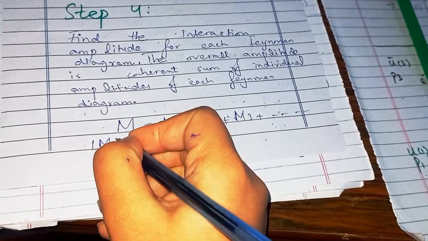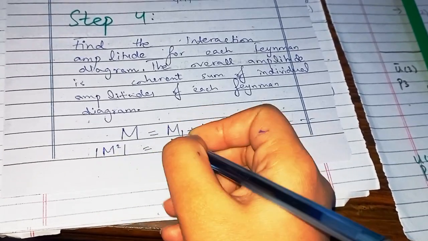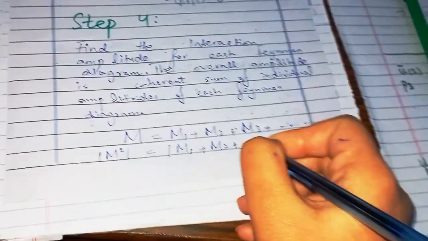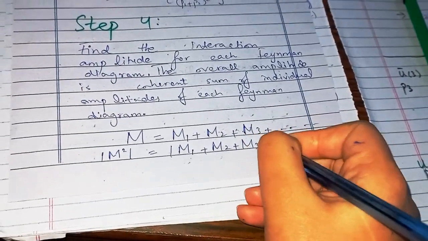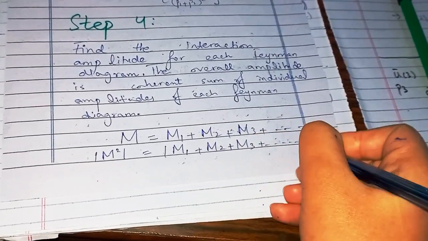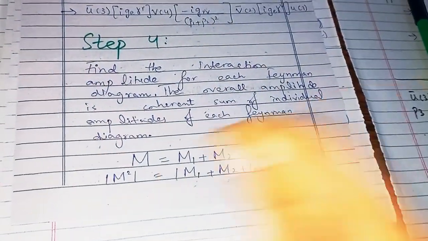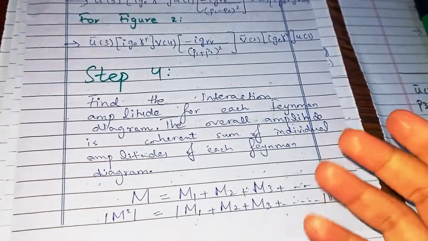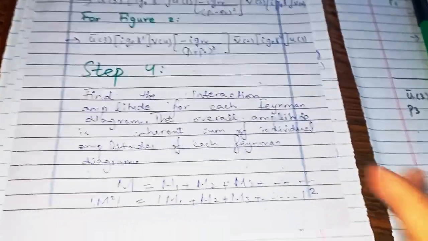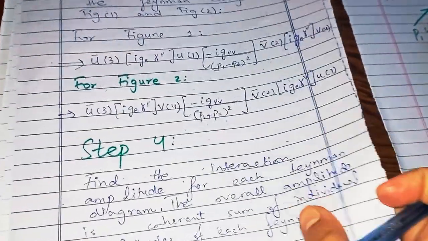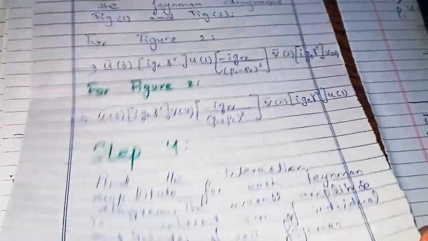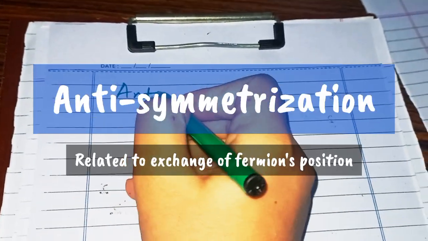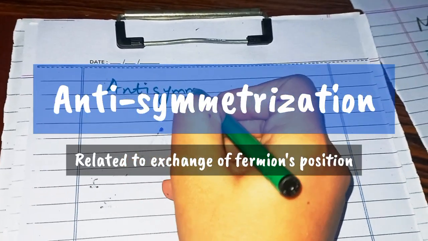The square of the amplitude gives the physical result, because it will be a real quantity. And now let's write down the anti-symmetrization. We'll understand how it works when we deal with our example. It's part of anti-symmetrization.